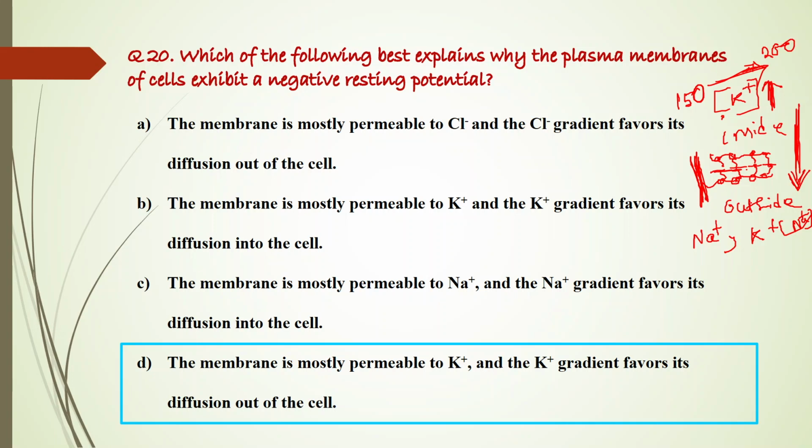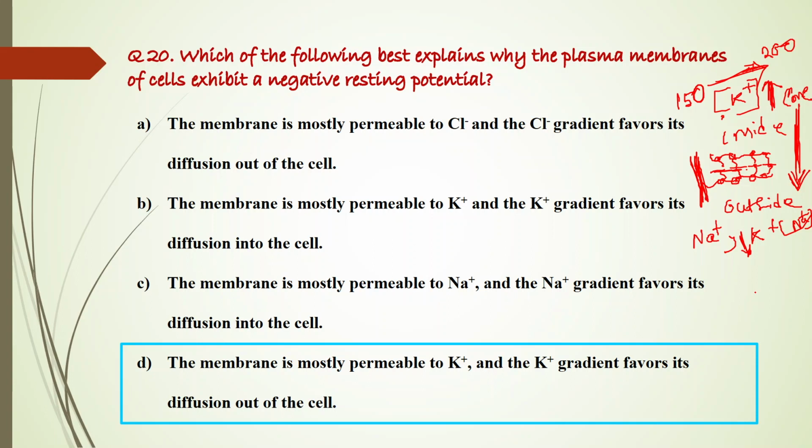In that case, what will the cell do? Because there exists a concentration gradient as well. Inside there is higher K plus and outside there is a low amount of K plus. Because of this concentration gradient, some amount of K plus will diffuse out of the membrane as well. So to do that, again, this membrane should allow the passage of K plus ions inside and outside freely.